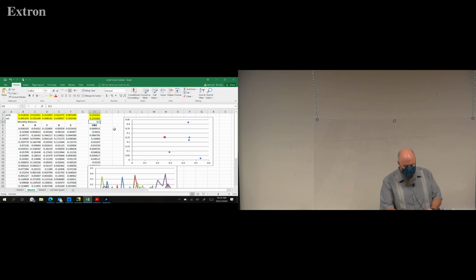If I look at the screen here for the dots, what's graphed? This is my risk here as the x-axis, and this is my return here as the y-axis. So here's all this. Oh, this is the stock. That's stock D, pure stock D. It does have the highest return, right?